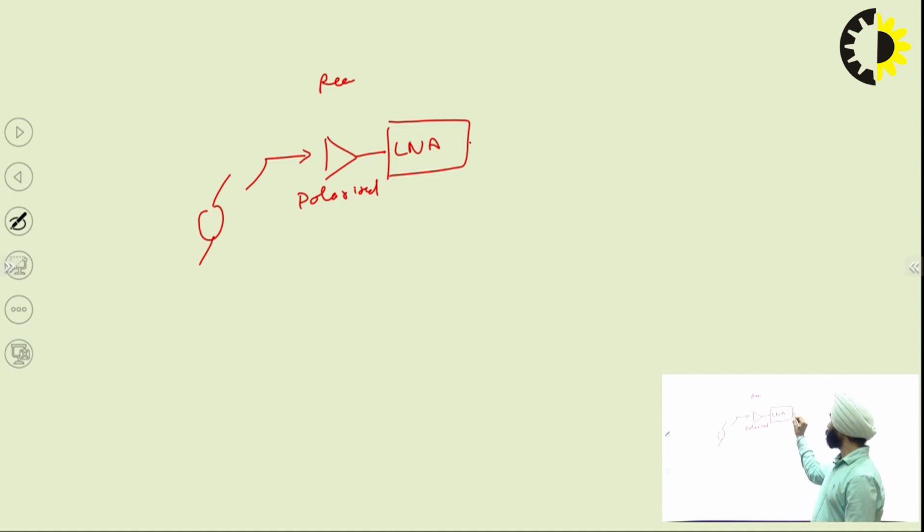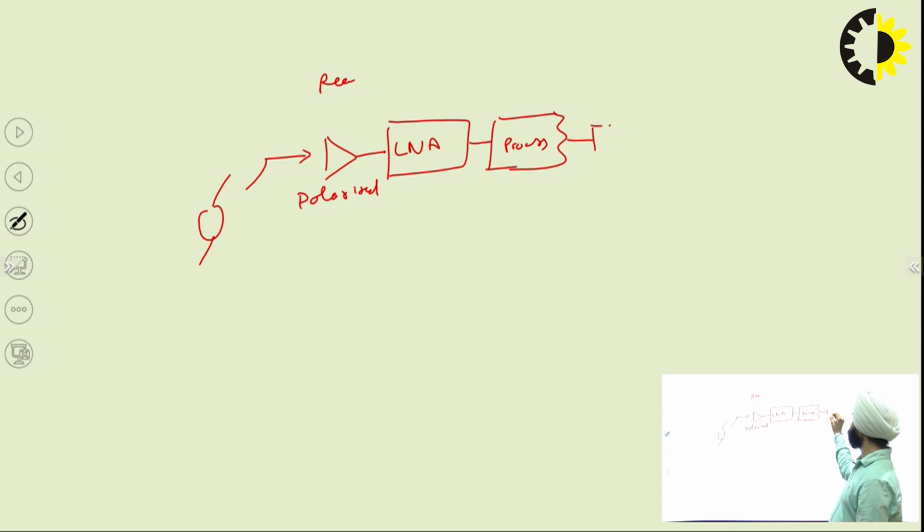From this low noise amplifier, the signal is then processed in the receiver. As the signal is processed in the receiver, the reverse processing is done in the transmitter, and after this block there will be a baseband signal.